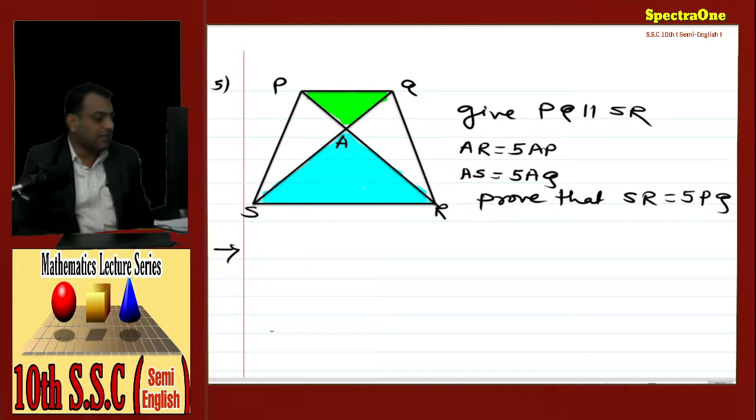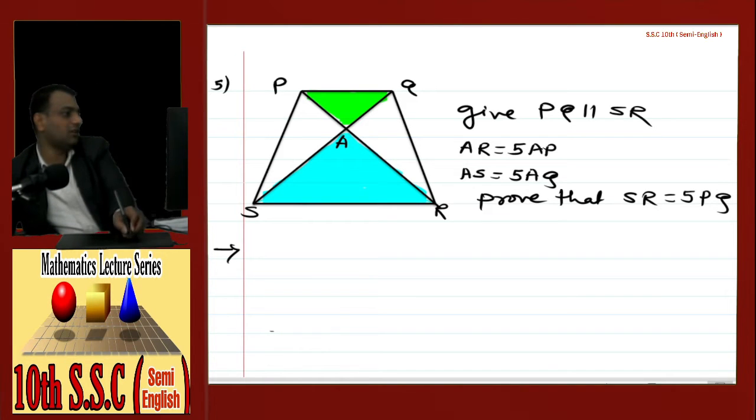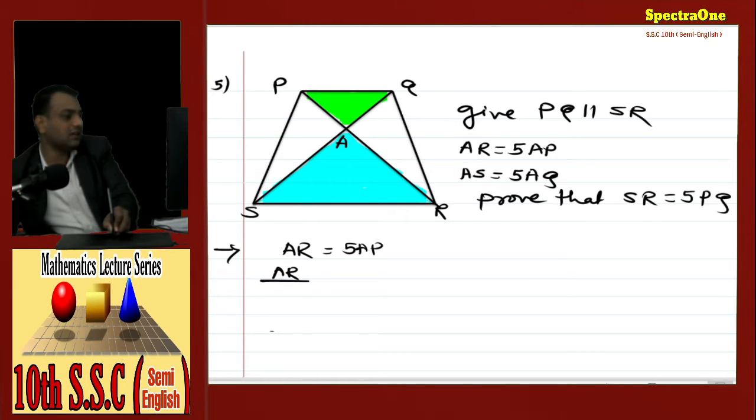In these two triangles, side PQ and side SR, where SR is 5 times PQ, which we have to prove. First, from the given data: AR equal to 5 times AP, means AR upon AP equal to 5 by 1.